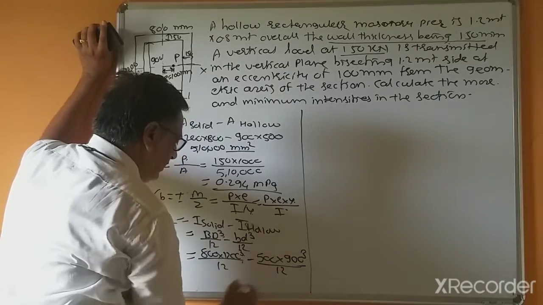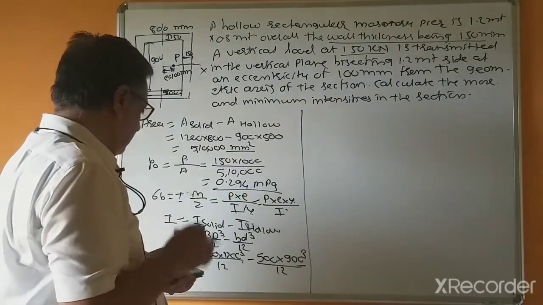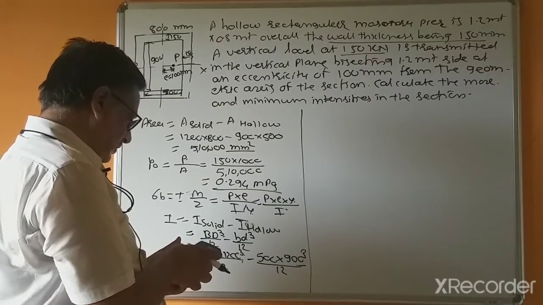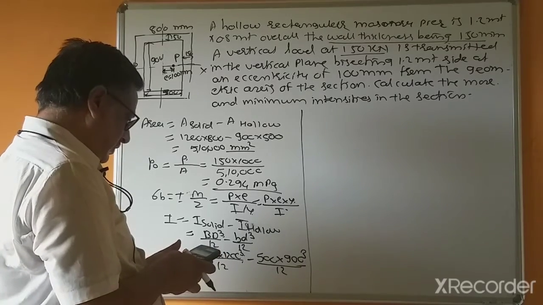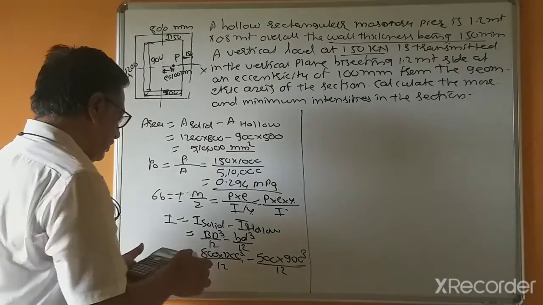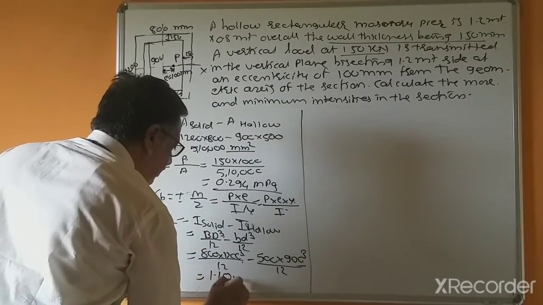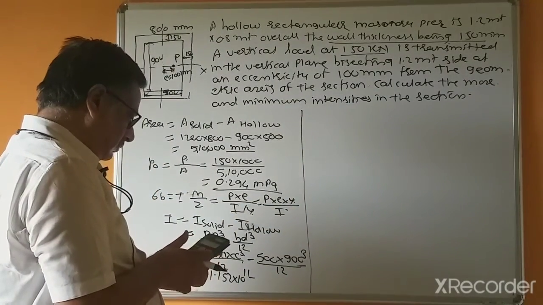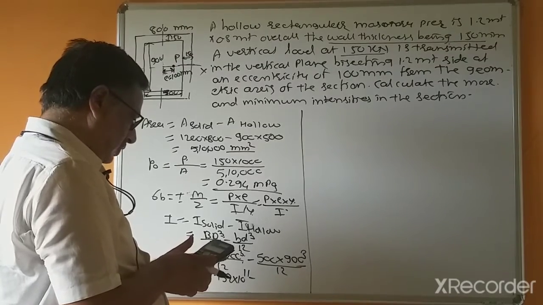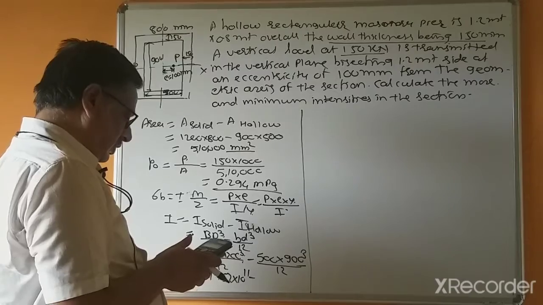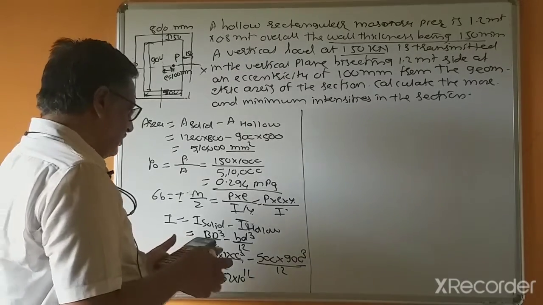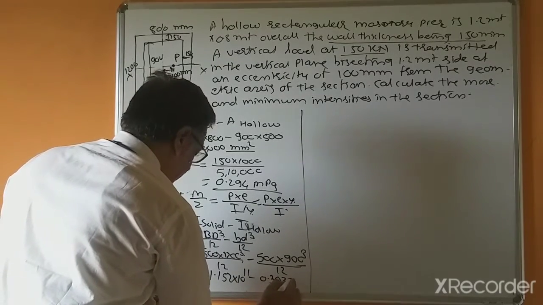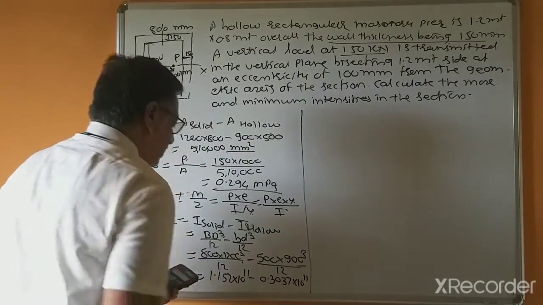So 800 multiplied by 1200 cube divided by 12 is 1.152 times 10 to the power 11, minus 500 into 900 cube divided by 12, which is 0.30375 times 10 to the power 11.